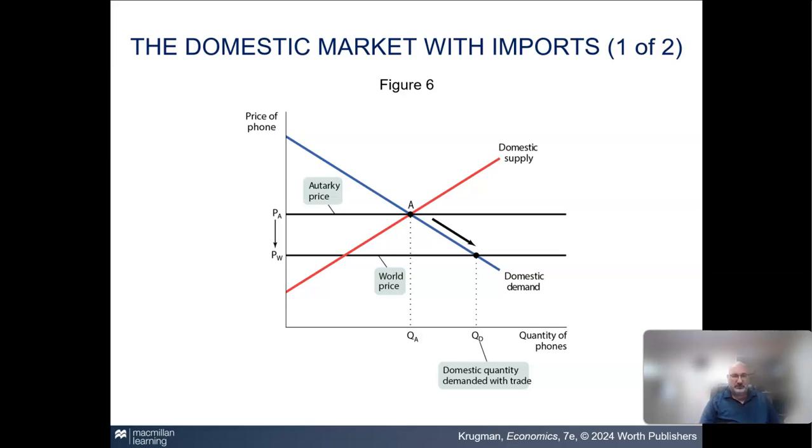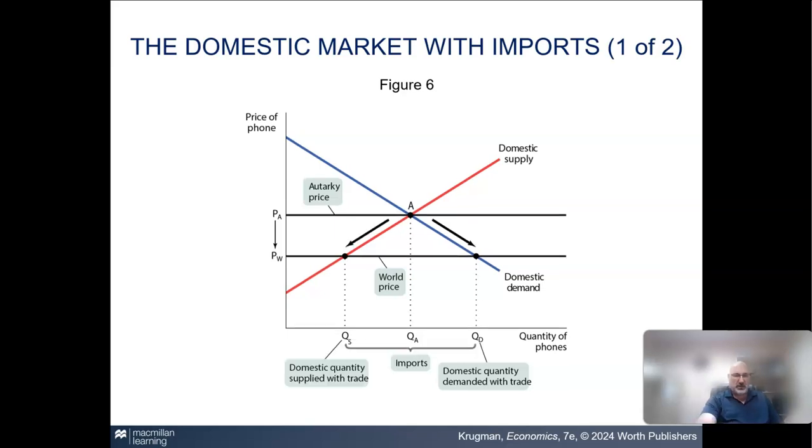So they're showing you here the domestic quantity demanded with trade is out there, and the domestic quantity supplied with trade is there. So you have a shortage at the world price. So that's a whole thing that you got to deal with.